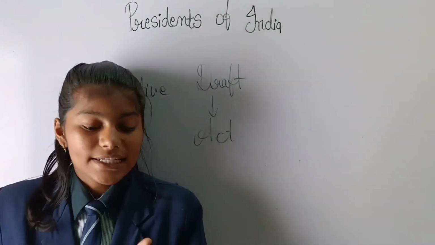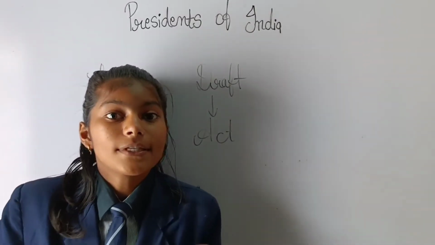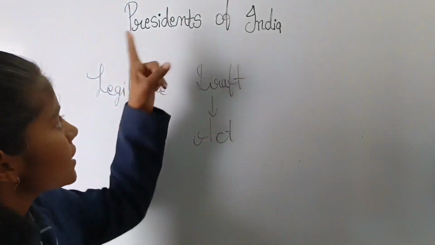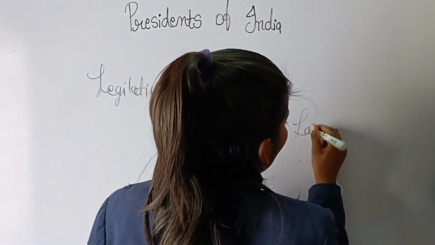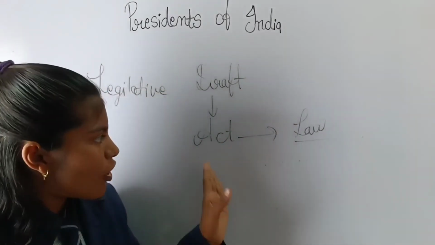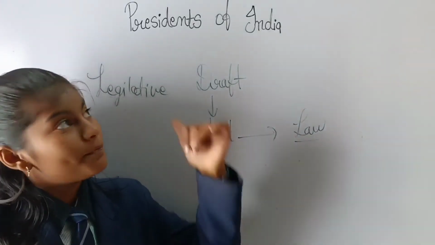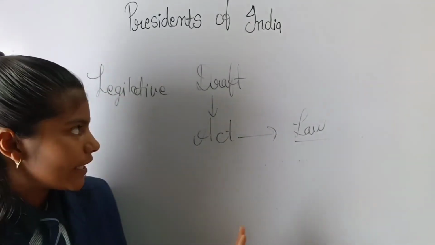If it is welfare and according to the provisions of the Indian Constitution, the President will approve it and it will become a law. Do you understand the difference between act and law? An act is before the parliament says yes. A law is when the President says yes to the act. Okay, a really great difference.